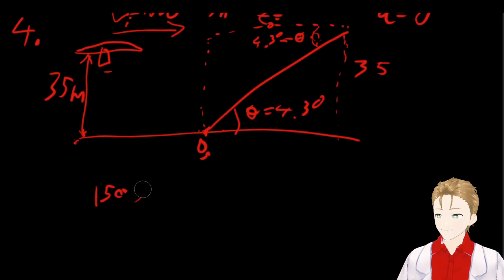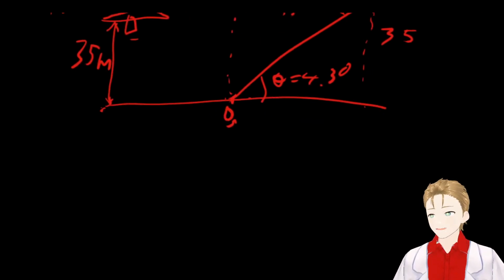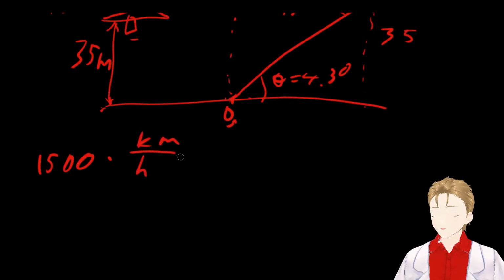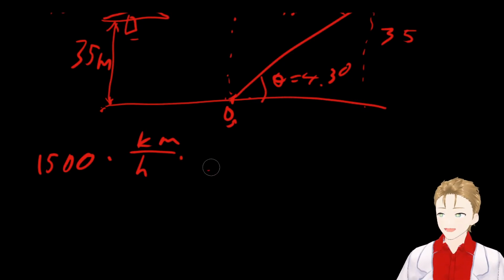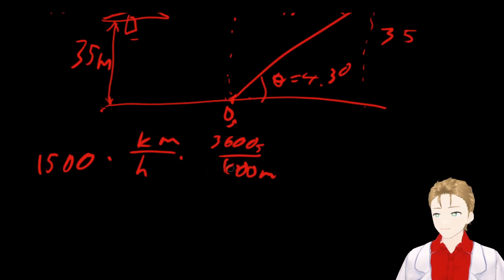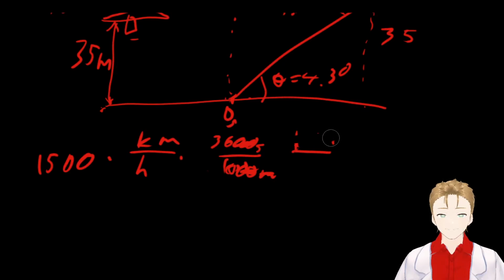Okay, let's just turn the 1500 kilometers per hour into meters per second. It's 3600 seconds over 1000 meters.